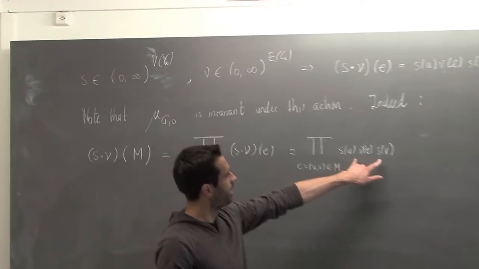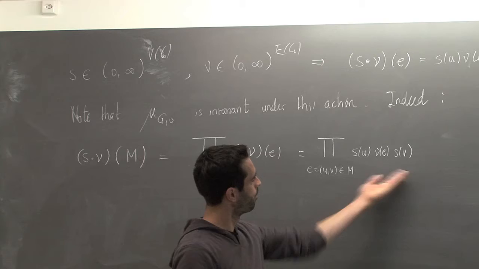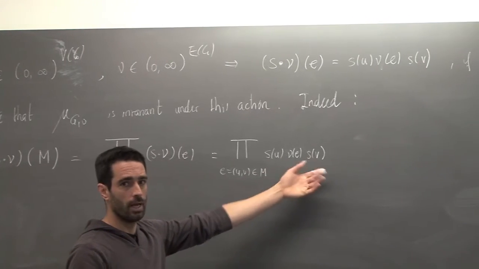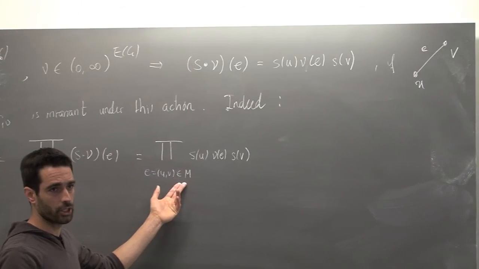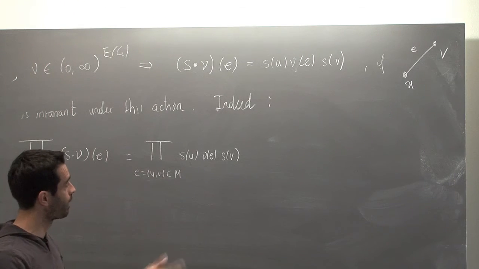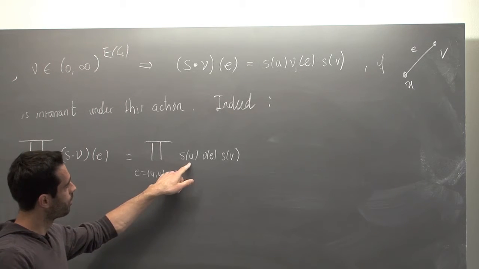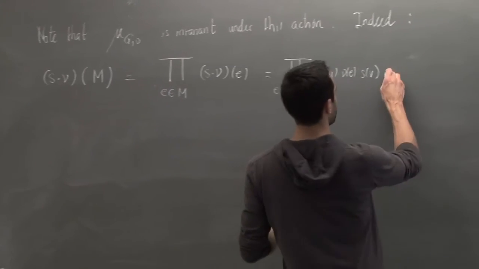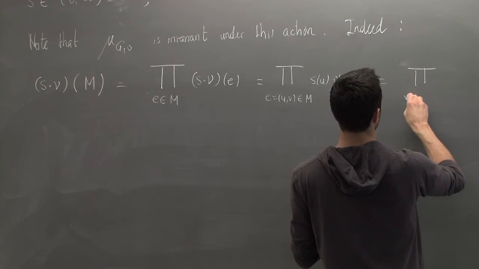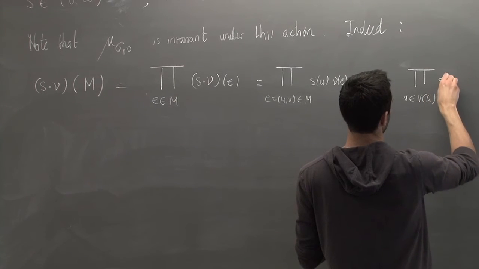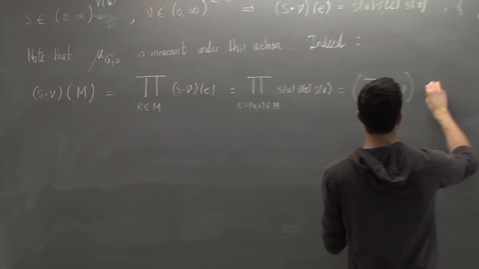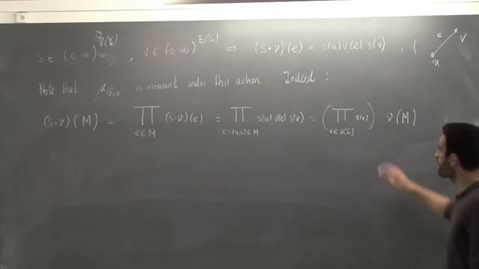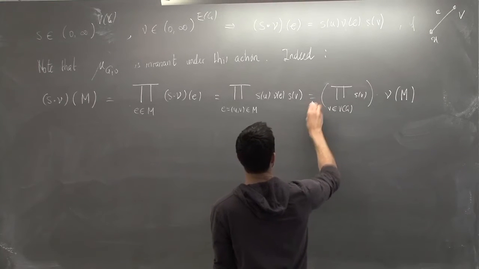Okay, but now you see that you can take out all the products of S of U, S of V. And when you do this, since you have a perfect matching, meaning every vertex is adjacent to exactly one of these edges, each vertex of G will be counted once. So this is equal to a product over all vertices, S of V, times nu of M. And this is because M is a perfect matching.